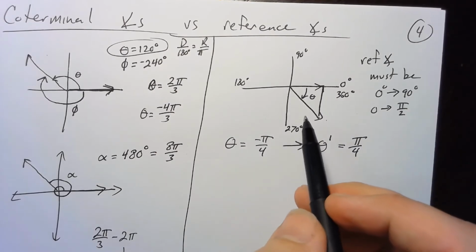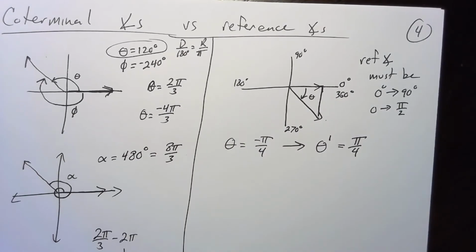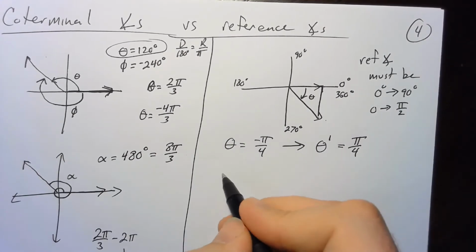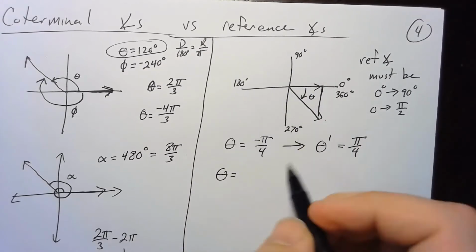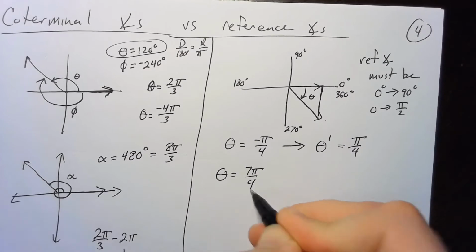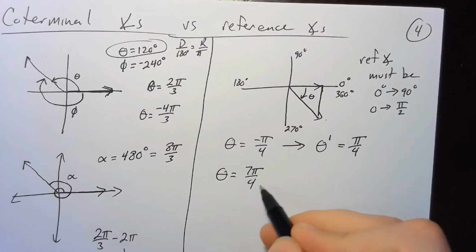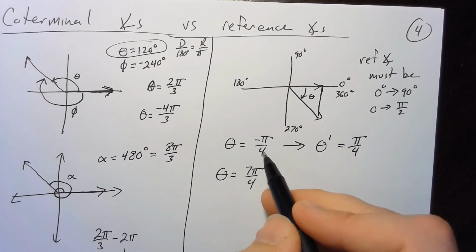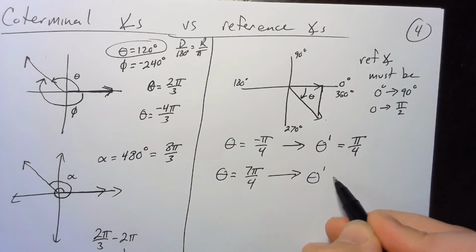Well, let me go ahead and create a different angle that has the same location. It has the coterminal position of this particular angle. That angle is going to be, let's see here, 1, 2, 3, 4, 5, 6, 7 pi over 4. And what I just did, I will show you in another video of how I create the unit circle. But 7 pi over 4 is the coterminal angle to this. What is theta prime going to be?